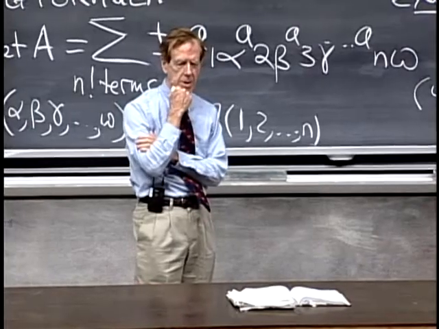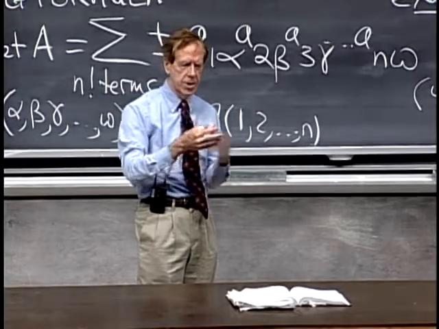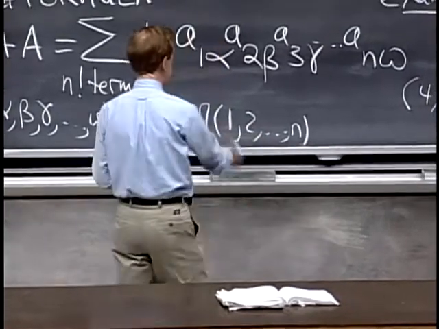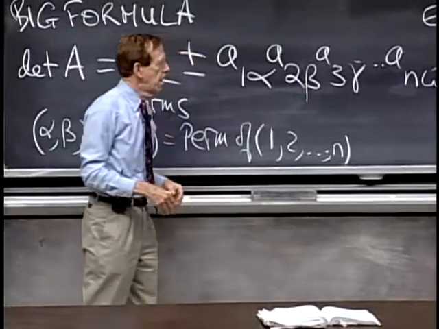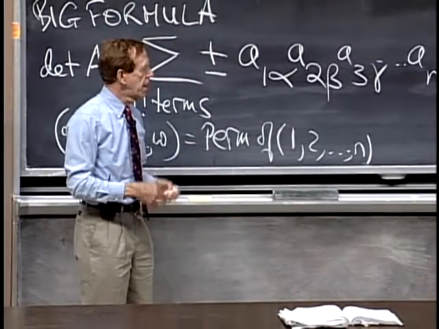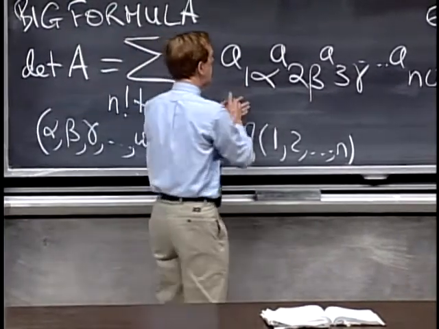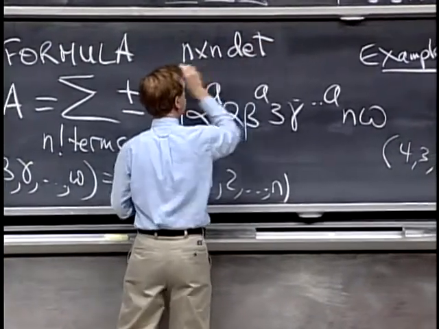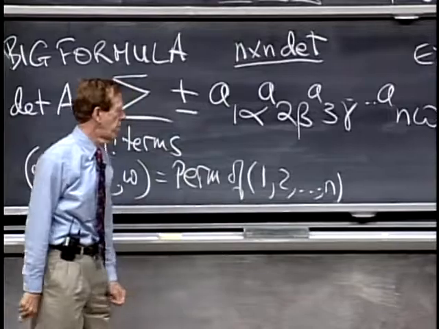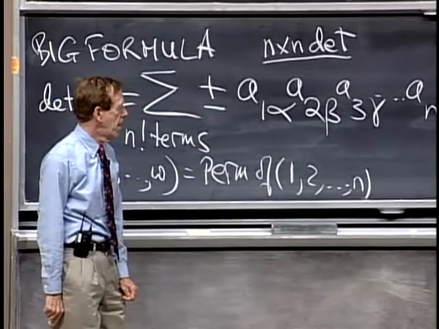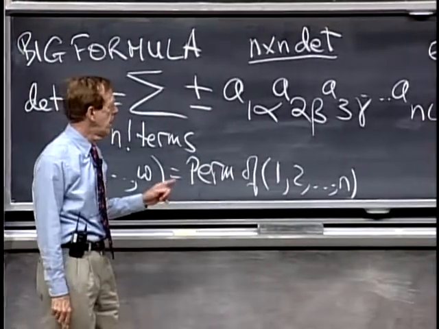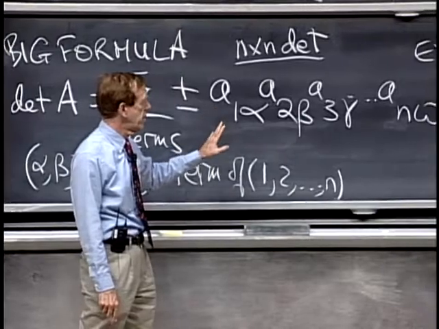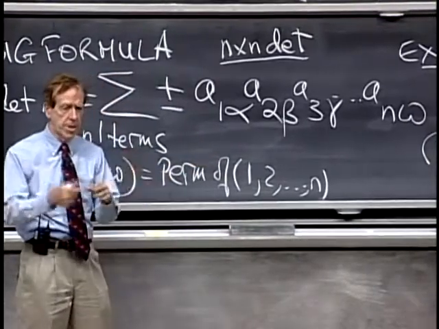Onward to cofactors. Cofactors is a way of breaking up this big formula. This is an n by n determinant that we just have a formula for, the big formula. So cofactors is a way to connect this n by n determinant to determinants one smaller.